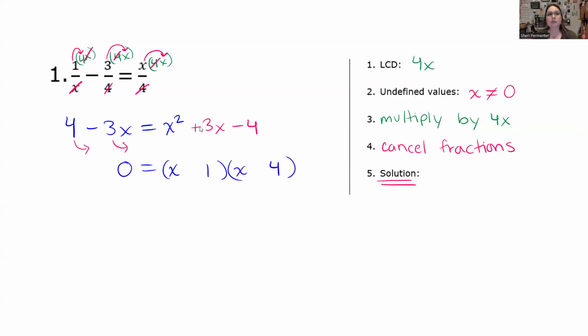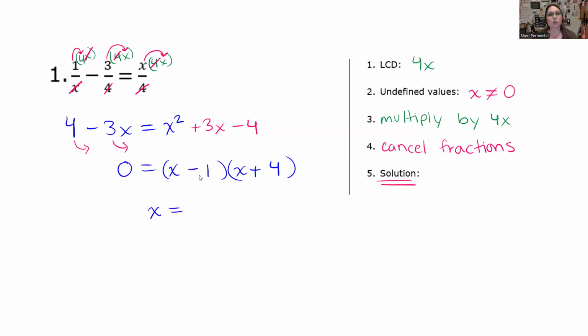And then my middle term is positive, so my bigger number has to be positive. And if I have positive 4, I would have to subtract 1 to get 3. And I need to double check. Negative times a positive will give me a negative. So I factored correctly. And then from here, anytime I have factors, finding solutions is pretty easy.